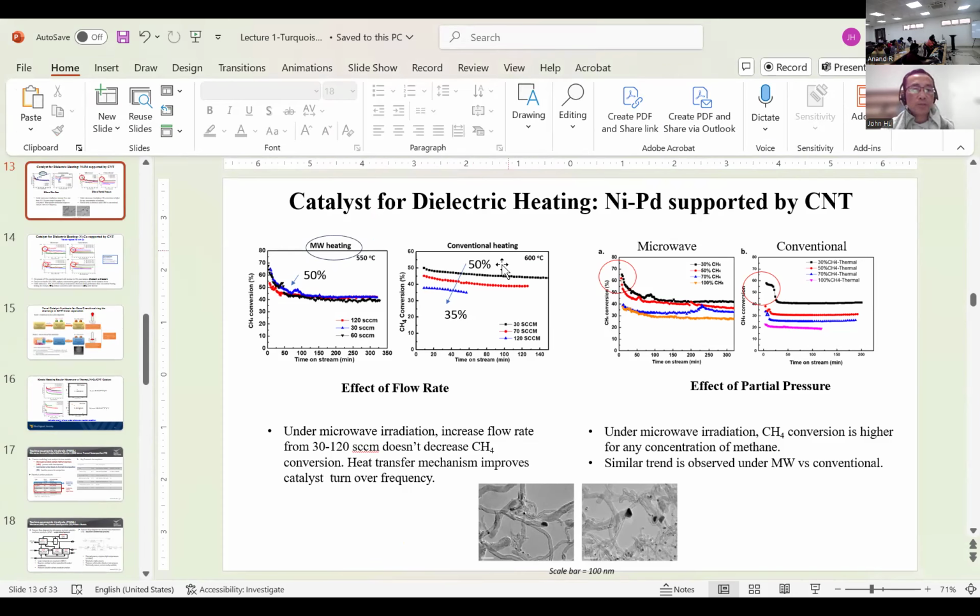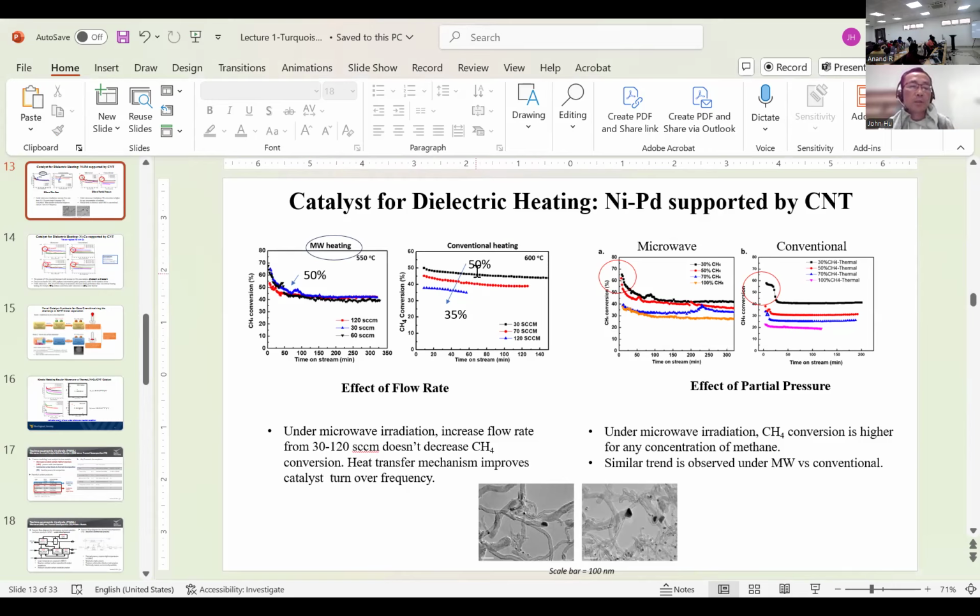So at 550 degrees C under microwave, we already reached around 70% conversion, to a conversion level of somewhere around 50%. Now, if you look at the conventional heating, which is thermally heated, at 600 degrees C it only reached a 50% conversion.